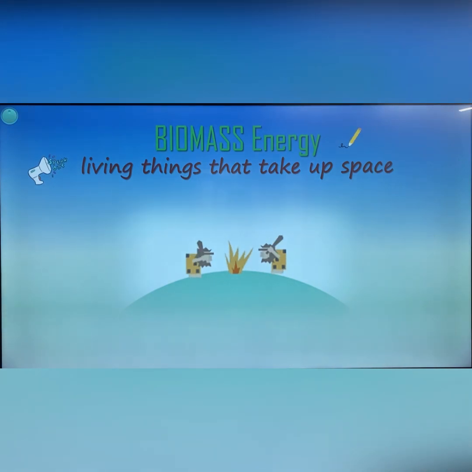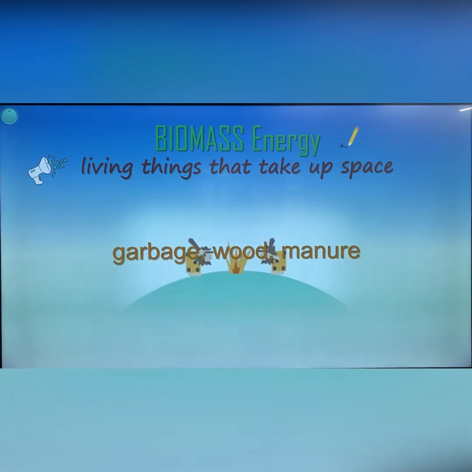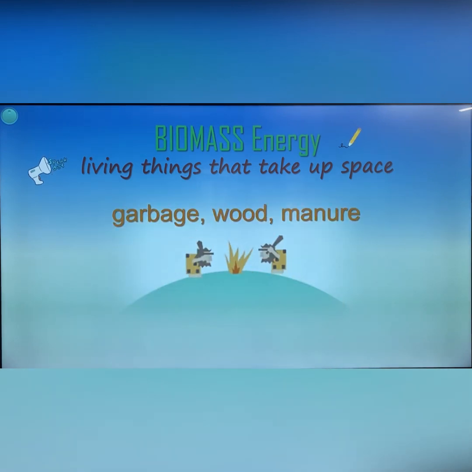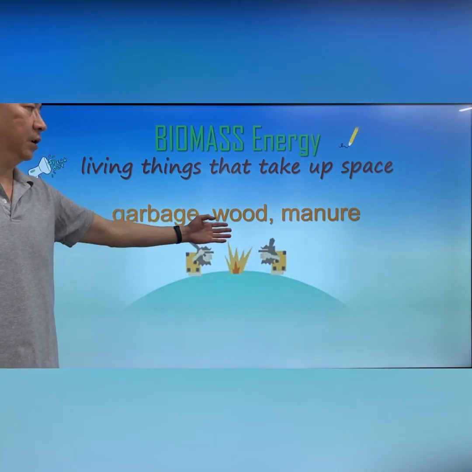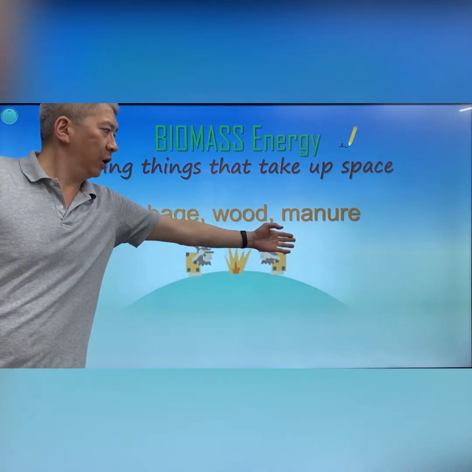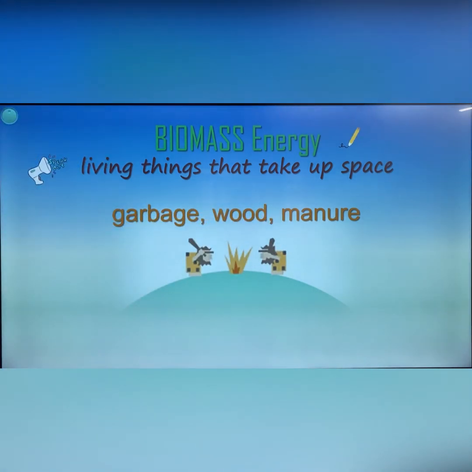So what are these things that we're talking about? Well, some of the things that we use for biomass energy are garbage, wood, manure. Teacher Mark, what's manure? Manure is animal waste, or put simply, what we like to call poop.